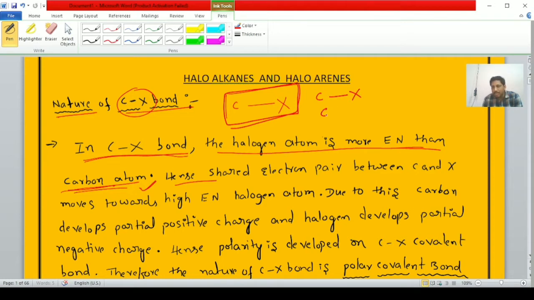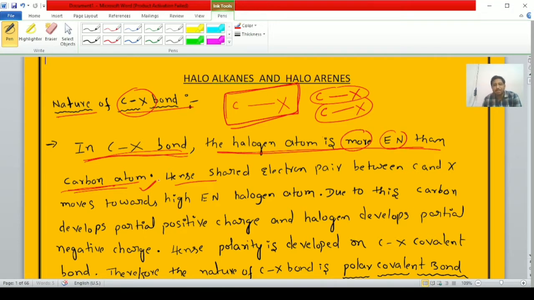If you consider haloarenes, the C-X bond is present. That's why the C-X bond is the common bond in either haloalkanes or haloarenes.